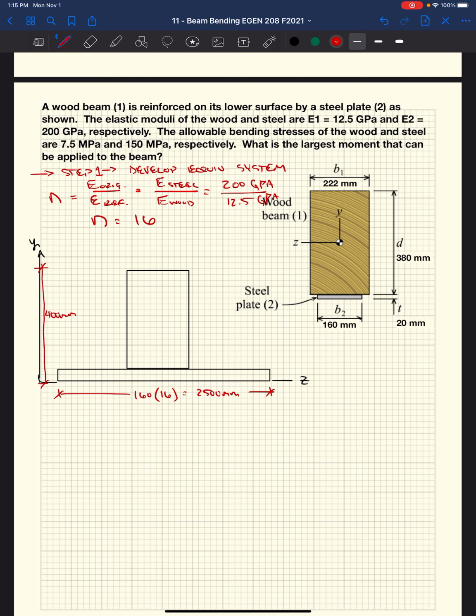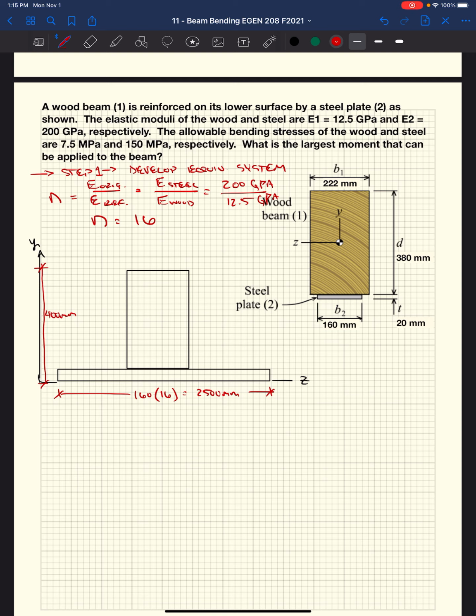So this is what our reference cross-section looks like, our equivalent system. If we made this completely out of wood, we would have to make it with a thin piece of wood plate on the bottom that's 2.5 meters wide and 20 millimeters or 2 centimeters thick, to come up with the same equivalent system.